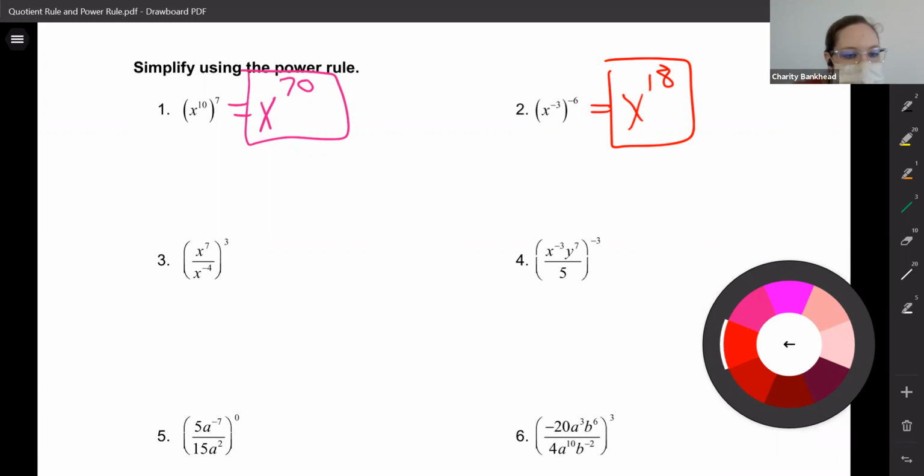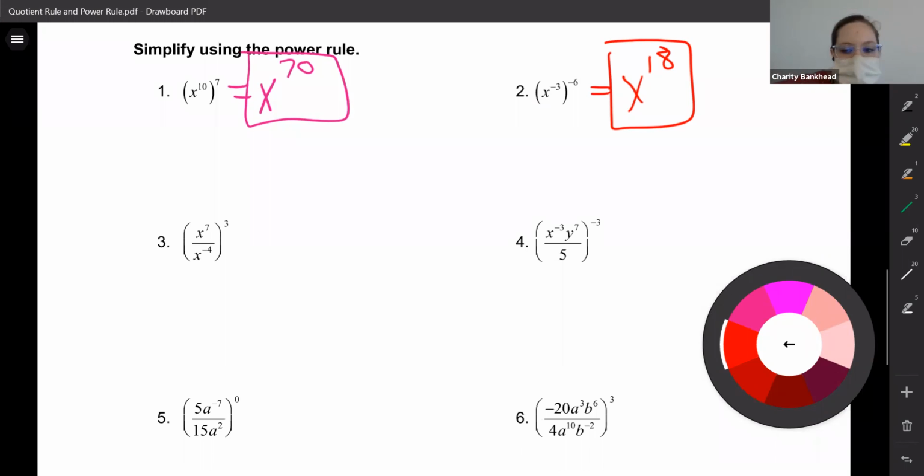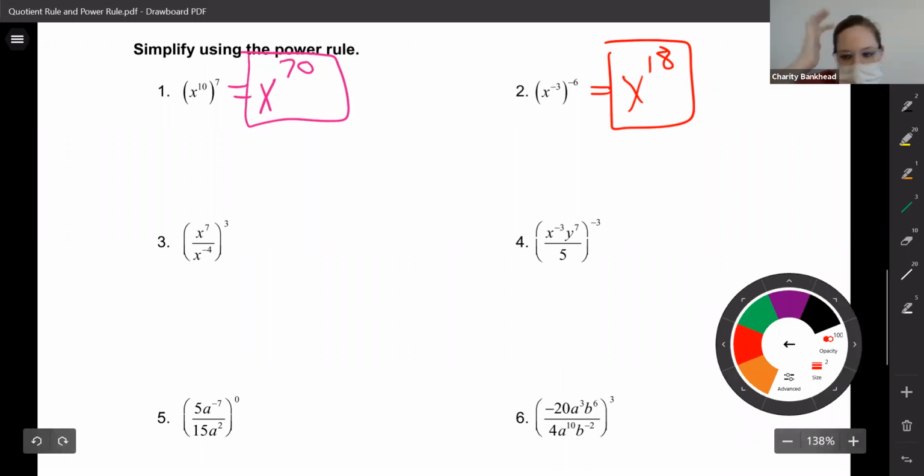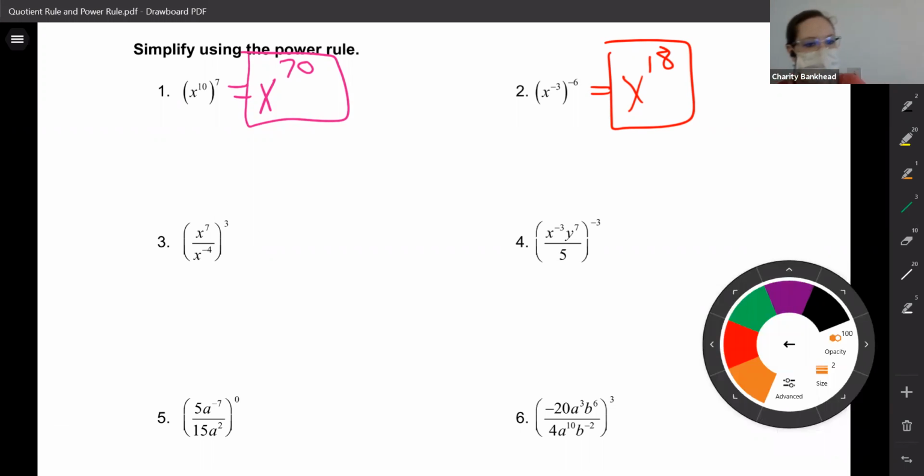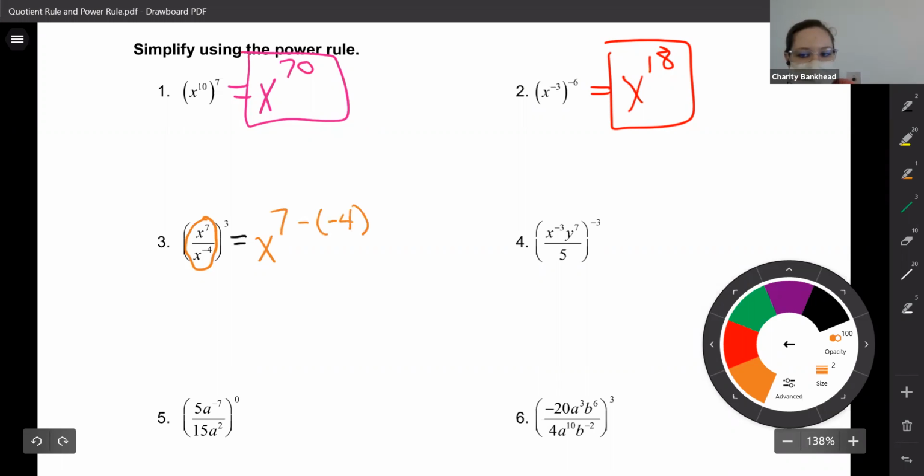All right, number 3. So let me do what's inside the parentheses first. So basically that's going to be x to the power of 7 minus negative 4, and that's still raised to the power of 3.